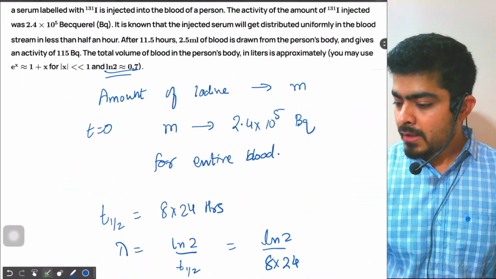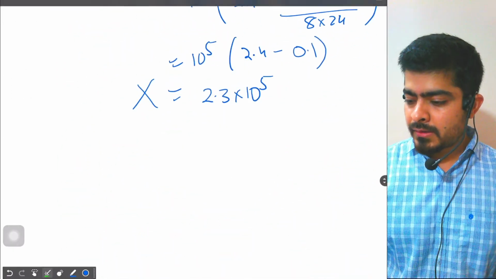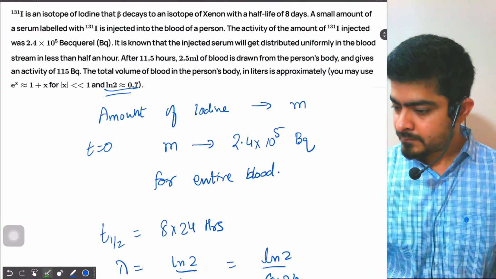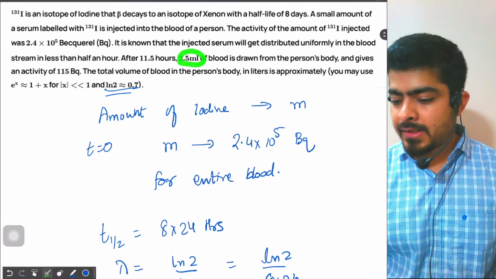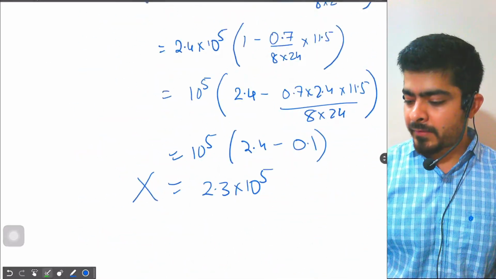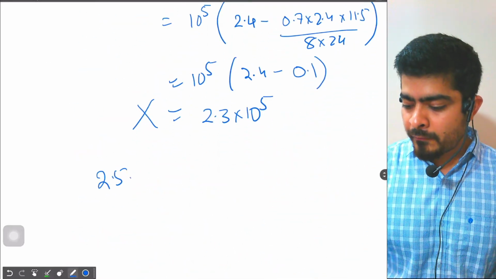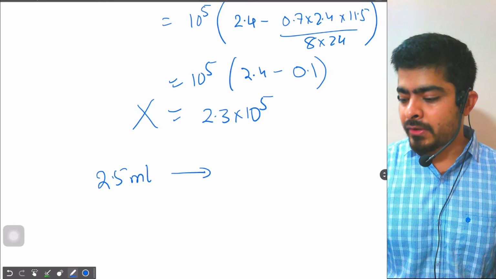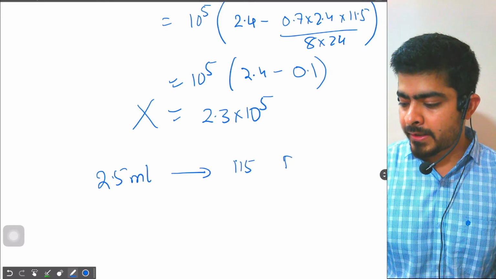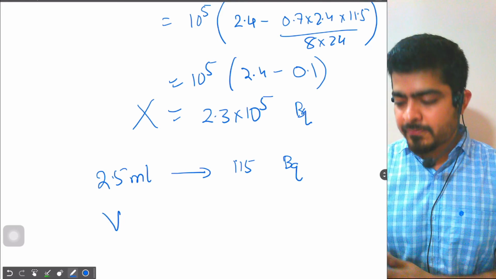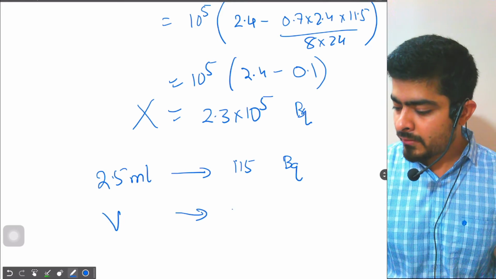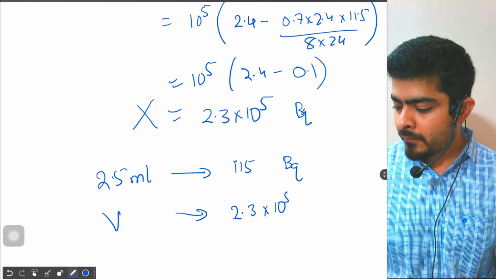Now, in the question what is given is that 2.5 ml of blood is giving an activity of 115 becquerel. And the total volume of the blood is V, which is giving an activity of 2.3 into 10 to the power 5 becquerel.